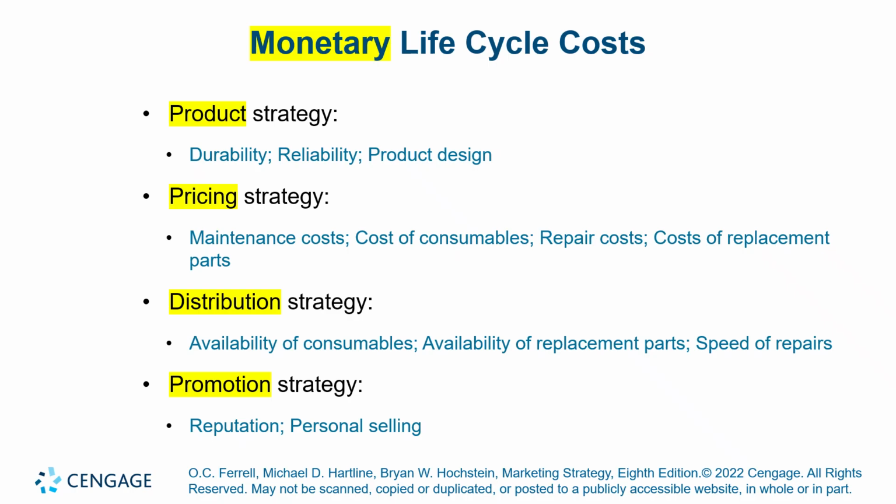Availability of consumables, availability of replacement parts, and the speed of repairs all help with distribution and in cutting life cycle costs. Reputation and personal selling in promotions also help with reducing the life cycle costs to your customers.